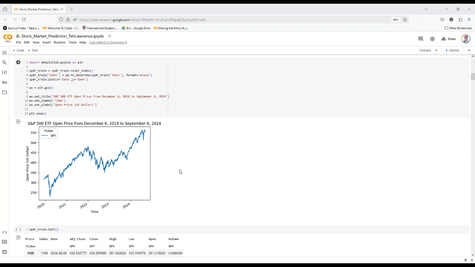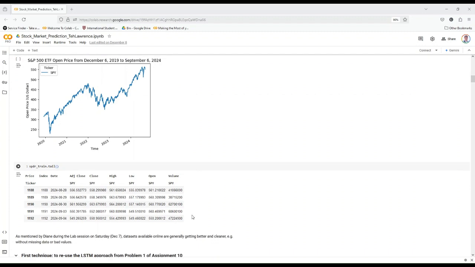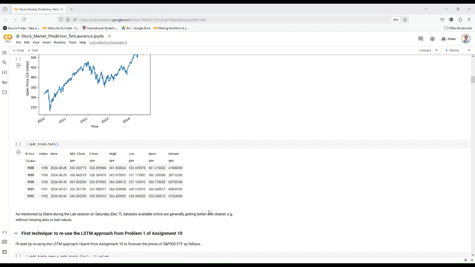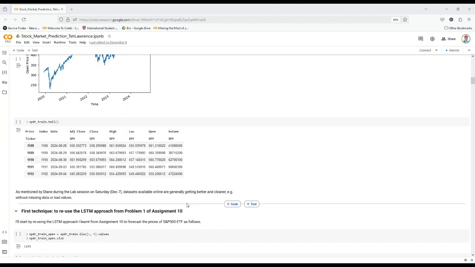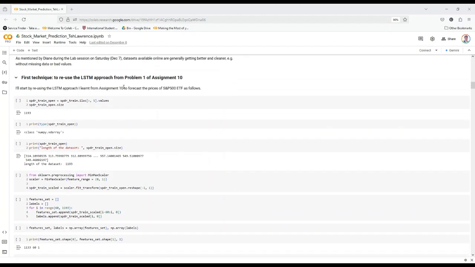So I didn't have to do any data cleansing or adjustment to the S&P 500 ETF prices. Similar to problem one of assignment 10, I went with using just the open price to train the four models, starting with LSTM.